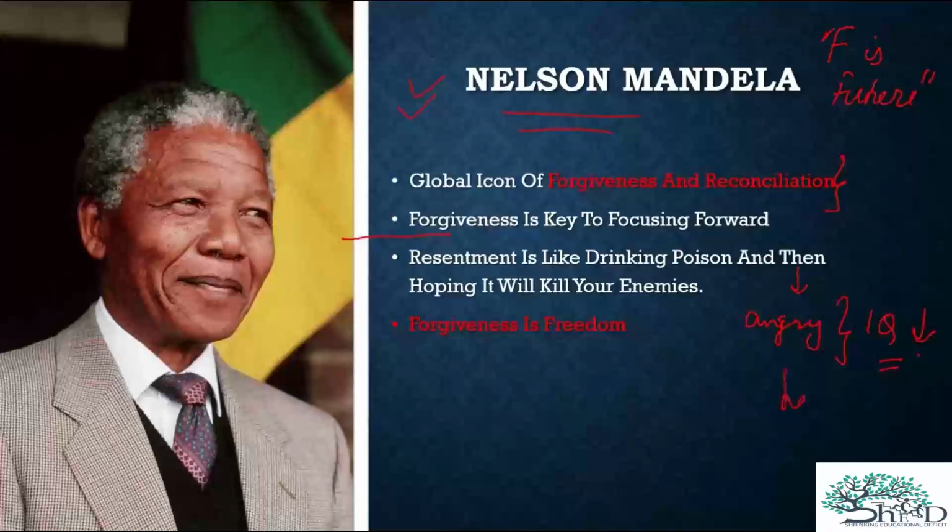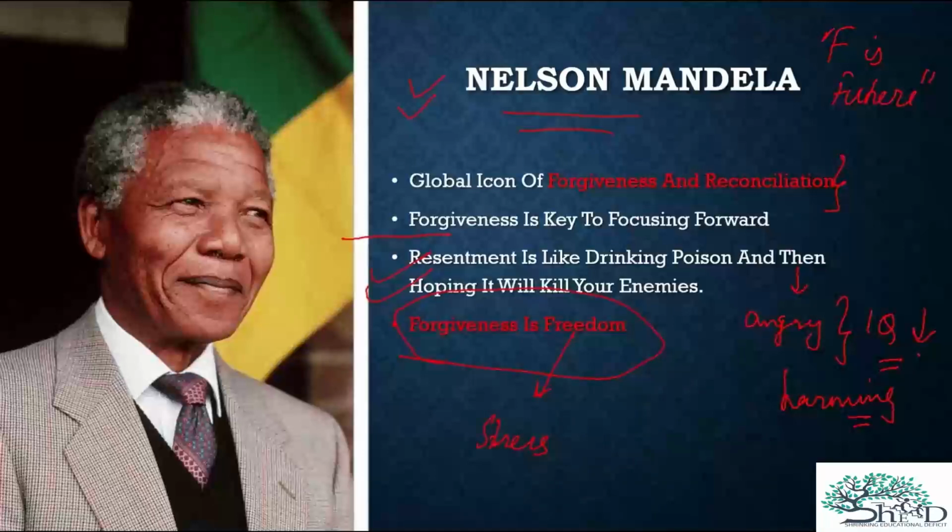You're harming yourself and creating stress in your body. So this is justified, right? Freedom is future, forgiveness is future, and forgiveness is freedom. Freedom from stress. Then interpersonal issues.